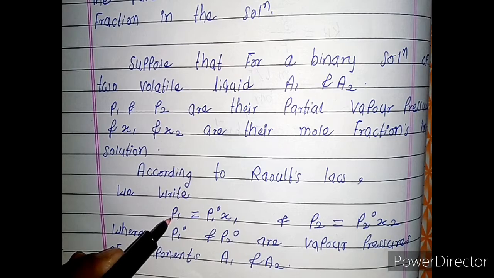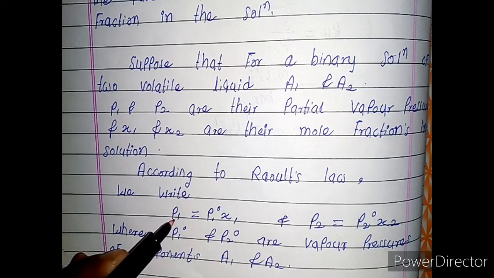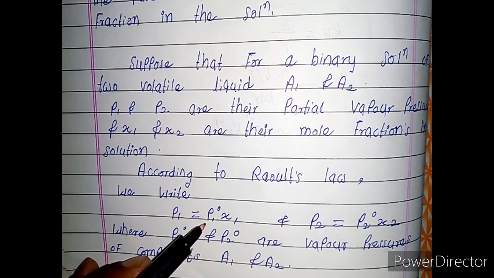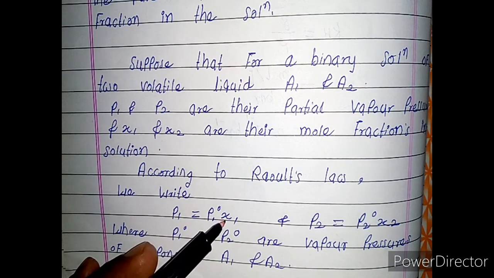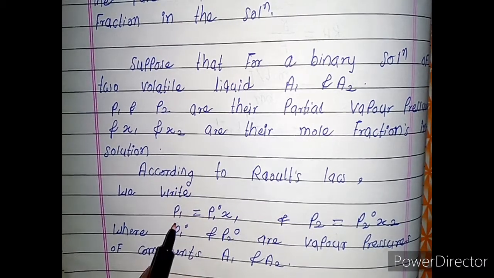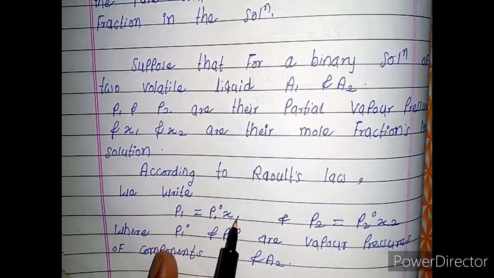Suppose for component A1, p1 is the partial vapor pressure, p1° is the vapor pressure of pure A1, and X1 is the mole fraction of component A1. So it is the product p1° X1.